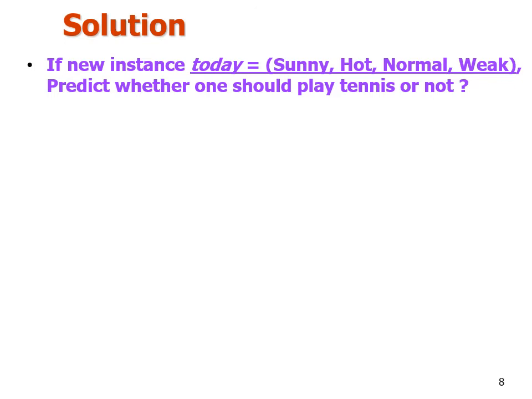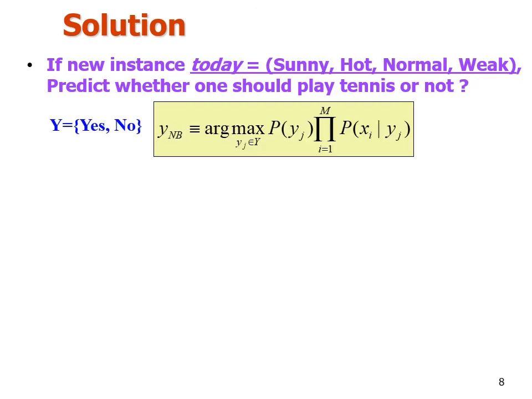As we know, the Naive Bayes classifier is given as YNB is equal to ARG max over Yj that belongs to capital Y, probability of Yj into probabilities of Xi given Yj, computed as the product for all the m number of attributes in our instance.